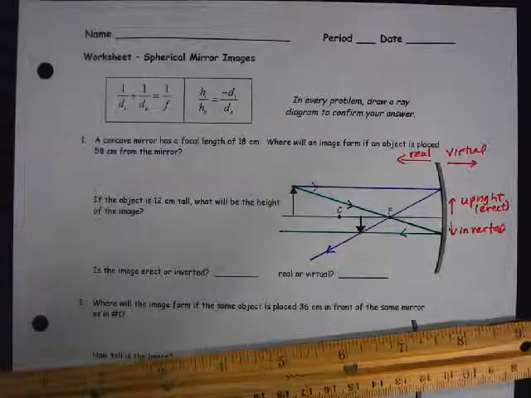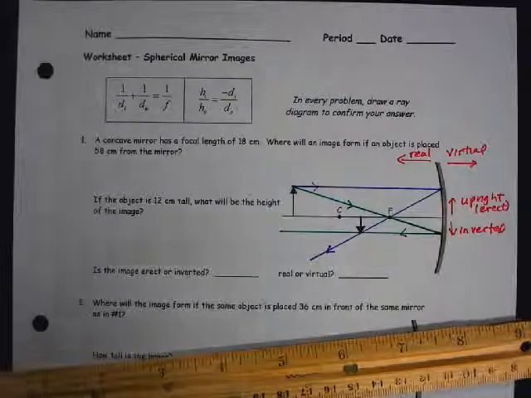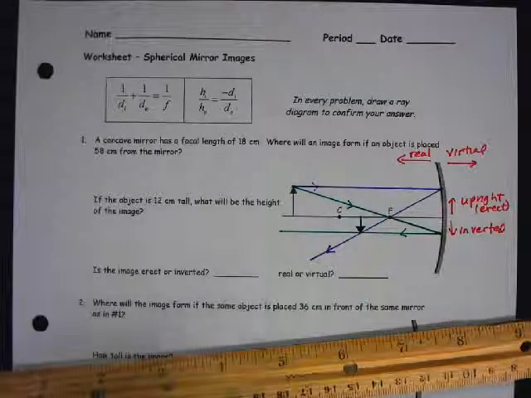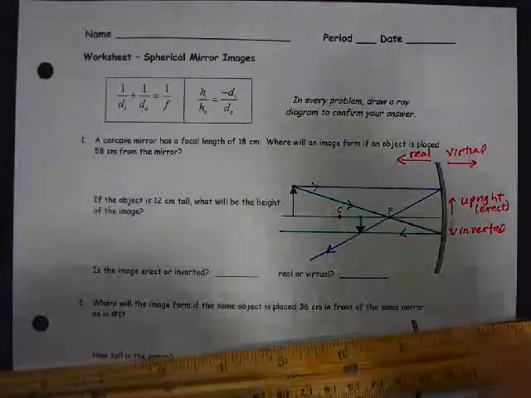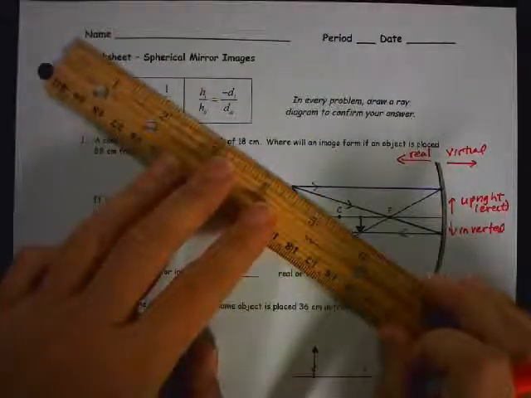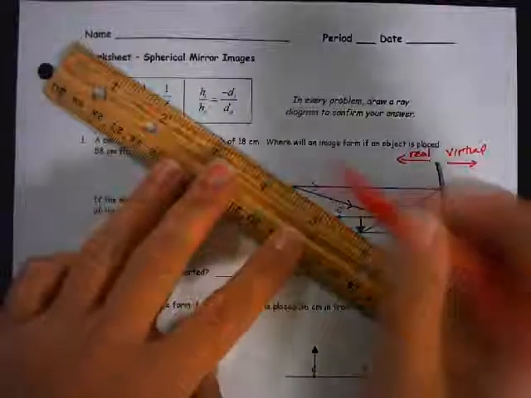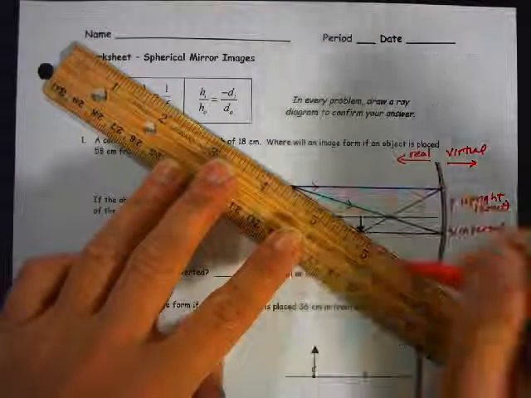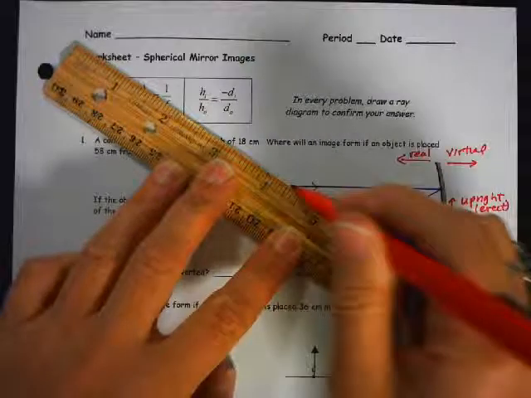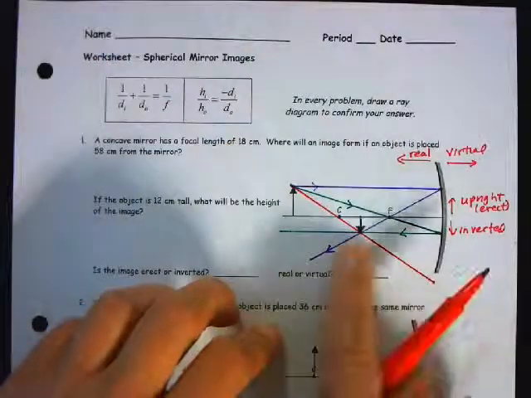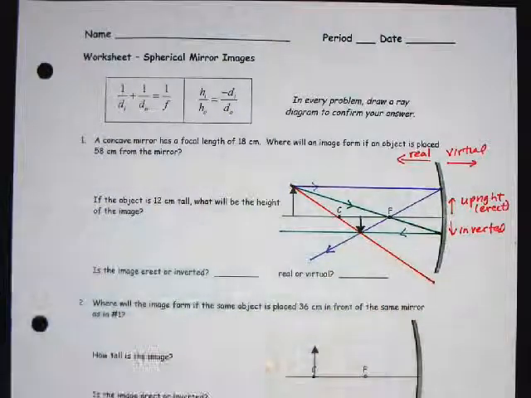Now, let's say you want to check it. Remember, there's three rules. The last rule is to go back and forth through C. So here's the top of the object. There's C. I go back, I hit the mirror, and I come back through. Does that third one also converge at that same point?